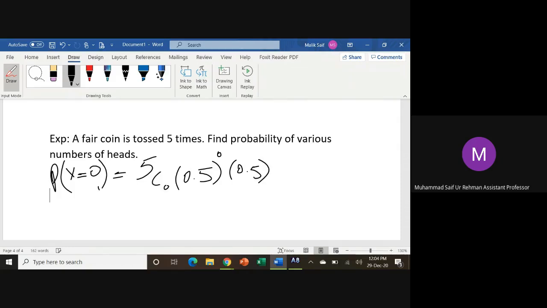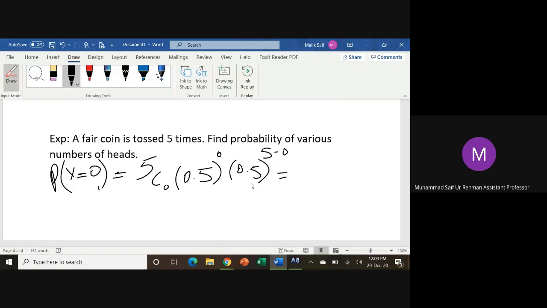So now 5 minus 0, power 5 will be there. 5 minus 0 means 5. So 5C0 is 1, and any digit raised to the power 0 is 1. So 0.5 power 5.